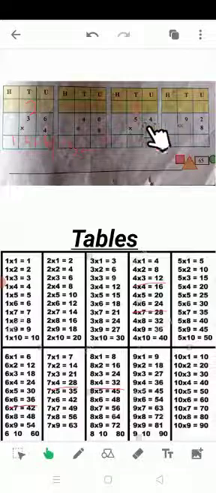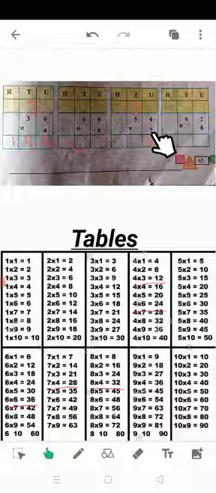Now next 5 tens multiplied by 7 number. So here I will read the table of 7 till the 5 number. 7 ones are 7, 7 twos are 14, 7 threes are 21, 7 fours are 28, 7 fives are 35.